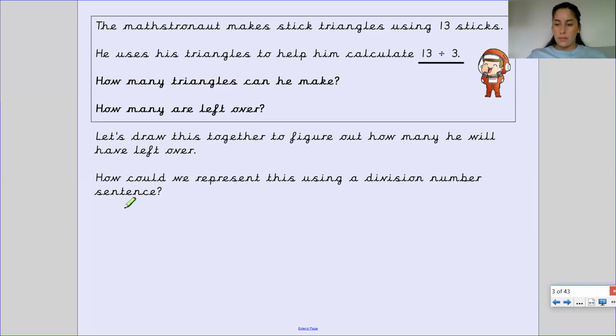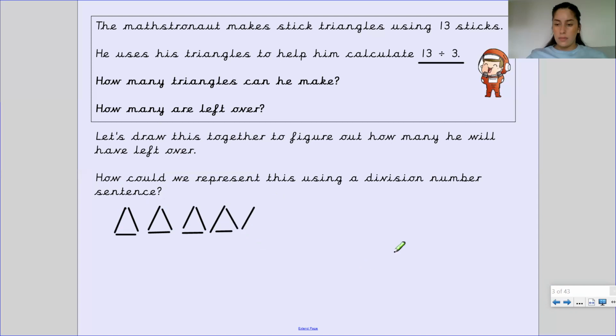Now let's see how many triangles we can make with 13 sticks, or how many groups of 3 we can make. 1, 2, 3, 4, 5, 6, 7, 8, 9, 10, 11, 12, 13.